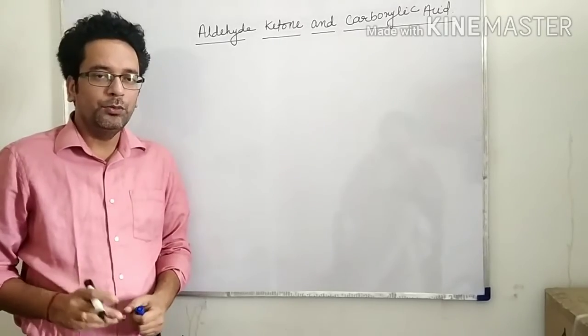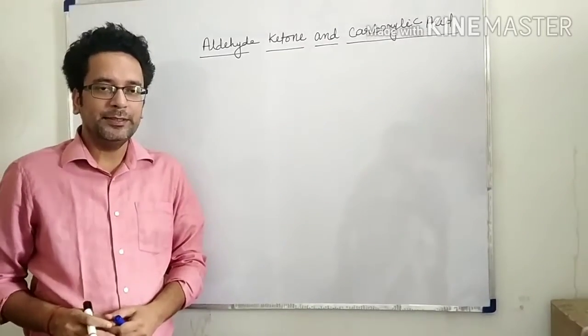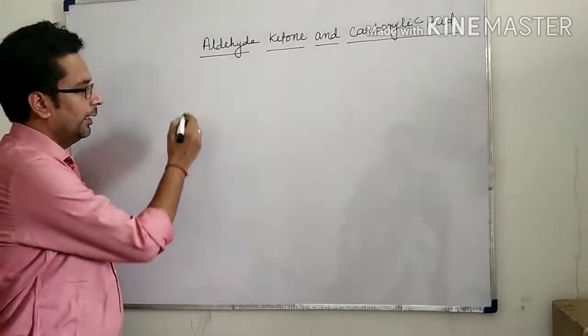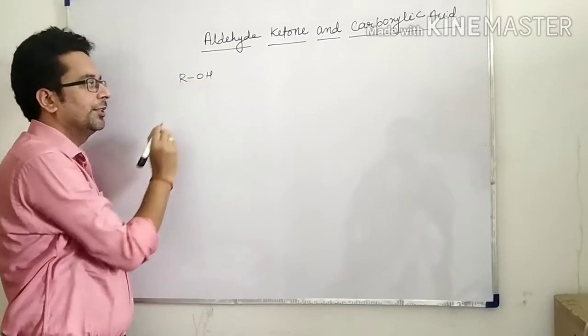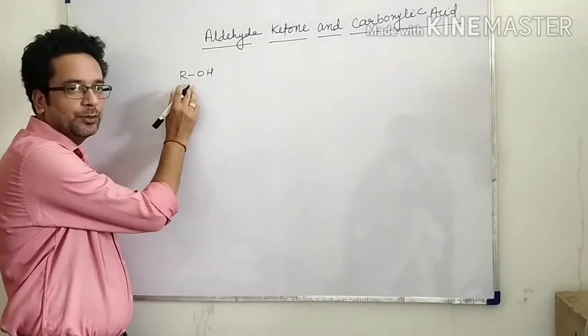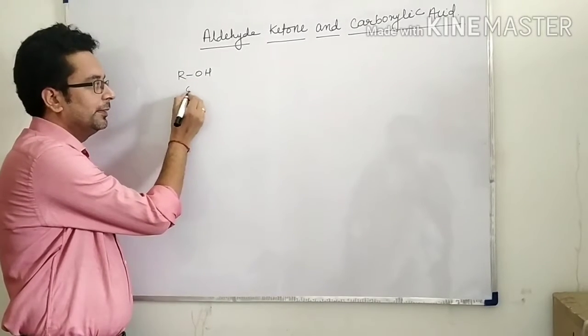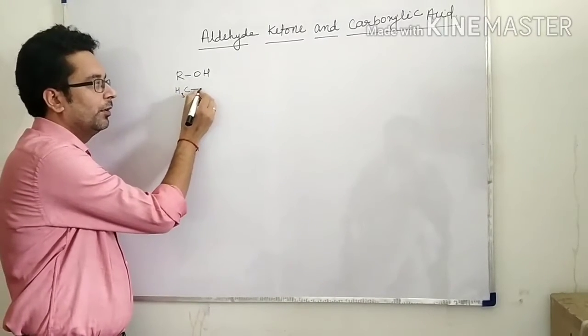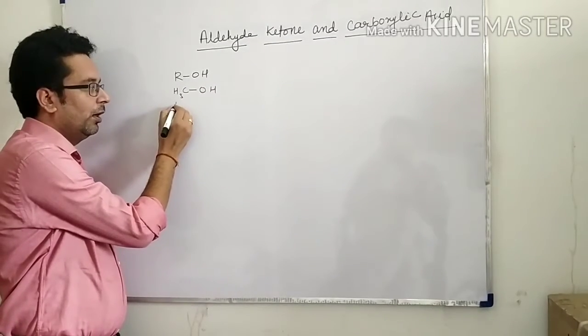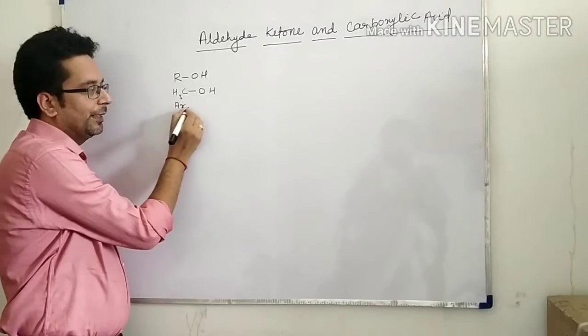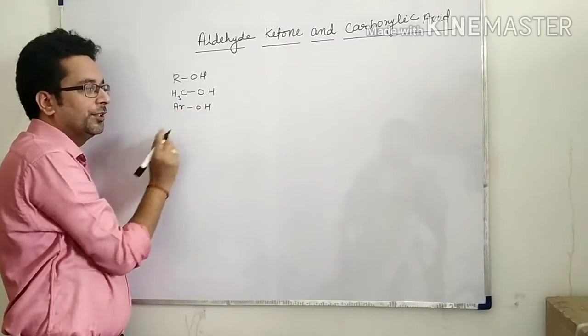Now all of you observed that in the previous chapter, alcohol means R-OH, where R is an alkyl group. For example, CH3OH. Phenol is an aromatic ring with an OH group.